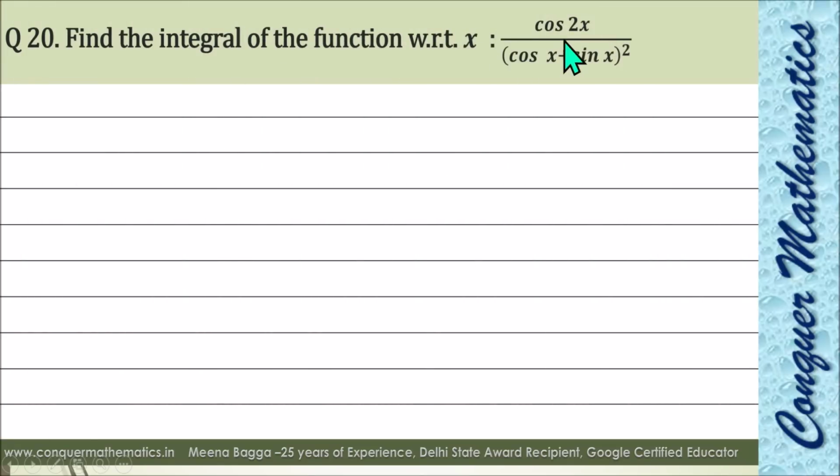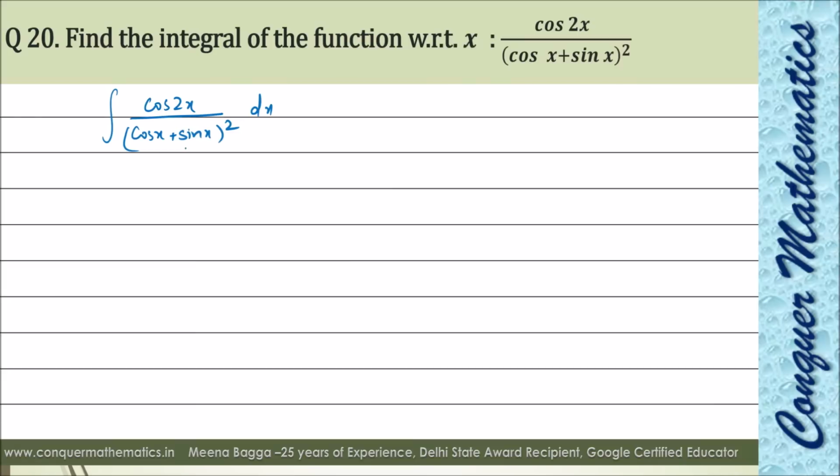Yes, cos 2x upon cos x plus sin x whole square. Yes, integral of cos 2x upon cos x plus sin x whole square. Now what to do? If we use a plus b whole square, that means cos square x plus sin square x plus 2 sin x cos x.